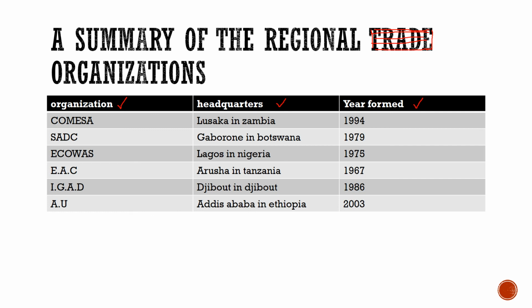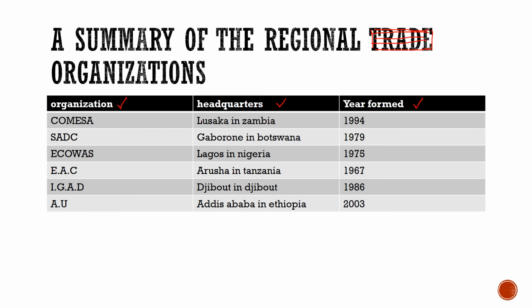And then we have ECOWAS, Economic Community of West African States. The headquarters are found in Lagos, Nigeria, and the year is 1975. That's when it was formed. And then, of course, the East African Community, you already learned in Class 6. And then we have IGAD, Intergovernmental Authority on Development.